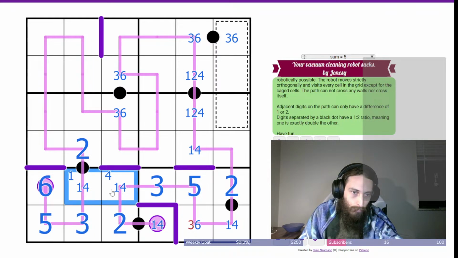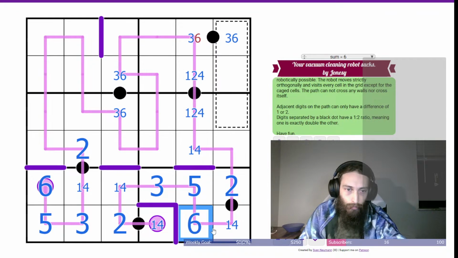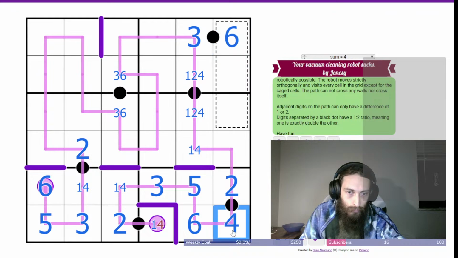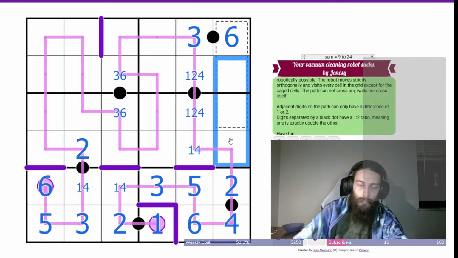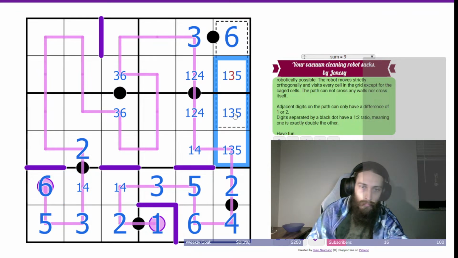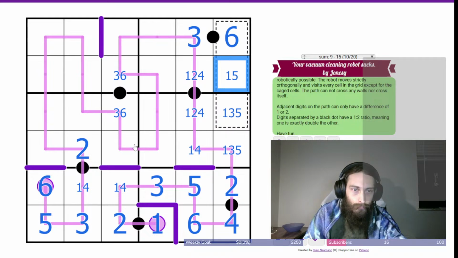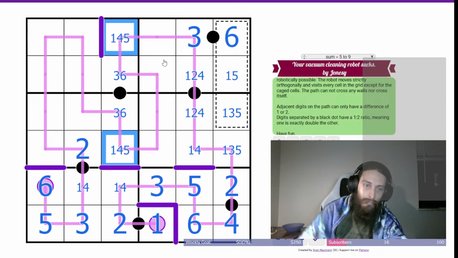That's a 3. But 3 can reach both 1 and 4. Right. 6 has to go to 4. 1. But those aren't affected. Right. Two can't reach 5.